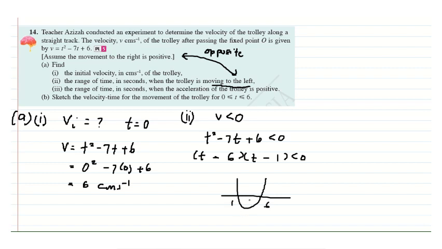Less than 0 is in between 1 to 6 seconds. This is the range of times when the trolley is moving to left, and as you know, range must be between, or having the symbol more than, less than, more than or equal, or less than or equal.